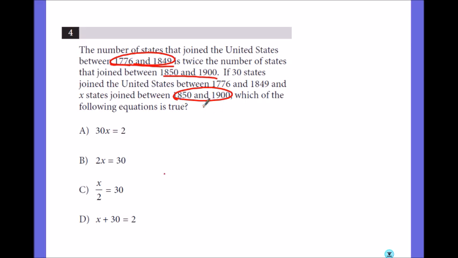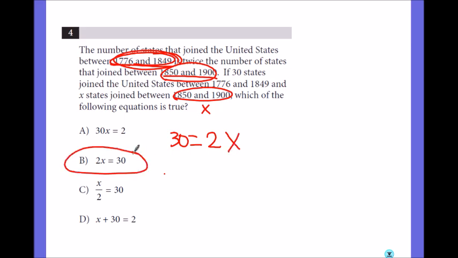So this is for x. They said 30 states joined between these two, so 30 equals, it says it's twice the number of states joined during this time, so it's 2x. So 2x equals 30, which is B.